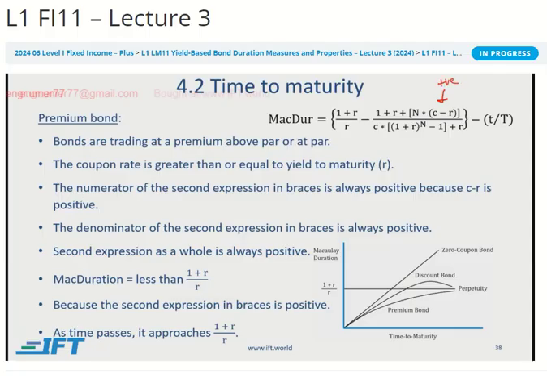And if this entire thing is going to be a positive number, and since it is getting subtracted from 1 plus r divided by r, therefore the premium bond is always less than 1 plus r divided by r, right? So the Macaulay duration for a premium bond is always less than 1 plus r divided by r, and then it approaches that, but it's less than it.